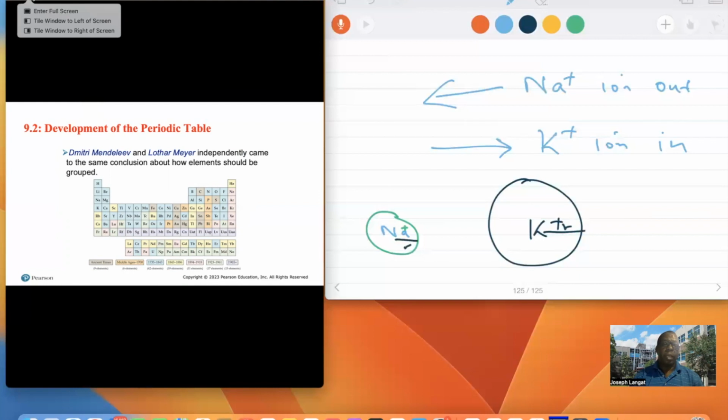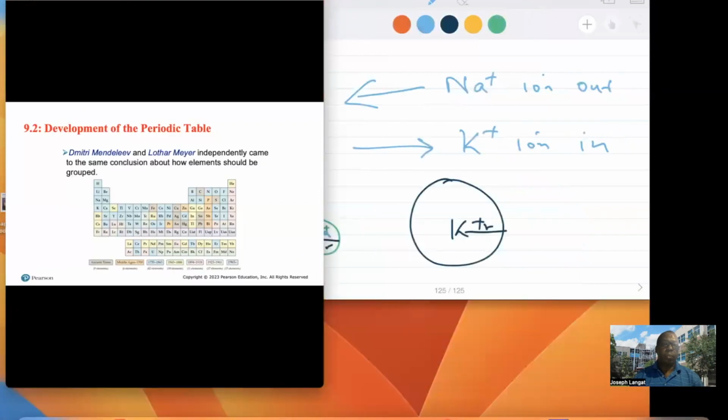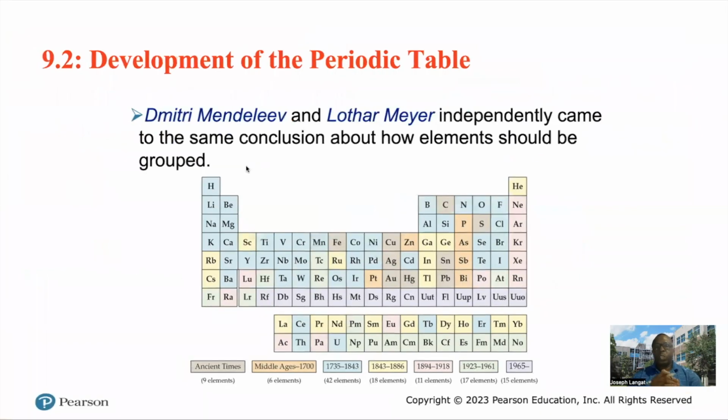There were several scientists who contributed towards the development of the periodic table. However, Dmitri Mendeleev and Meyer, a German scientist, came to the same conclusion almost at the same time.